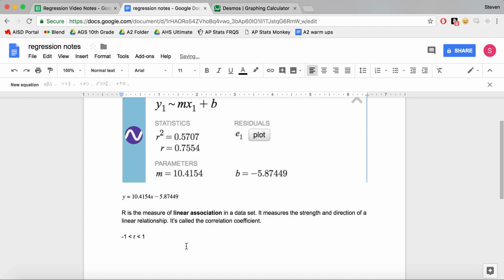We're actually going to use r squared more than r in this class, because r squared is a better measure across all functions, and r can only be used for linear functions.